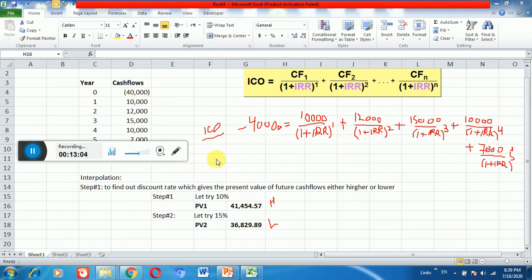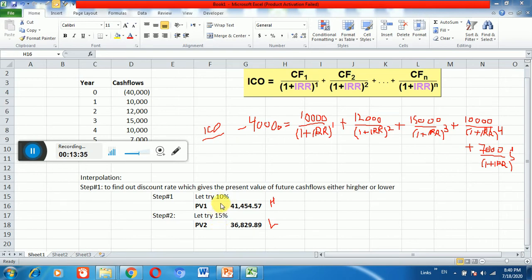Okay, so keep in mind, if you tried 1% which is giving you a higher value, then you have to increase the discount rate. Why? Because that will give you another, lower value. And keep a distance between these two interest rates or discounting rates. For example, if you have selected 10%, try to select another value with sufficient distance, and you need not give 11%.